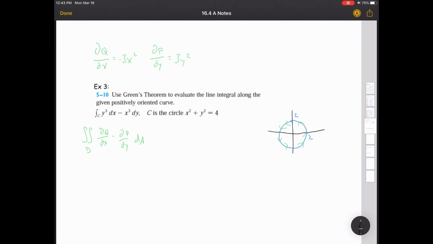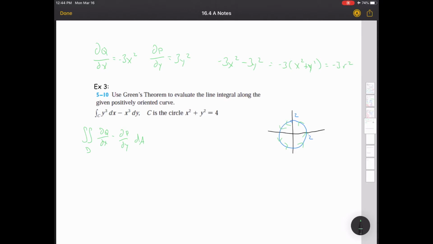That's going to be negative 3x squared minus dp dy, which is 3y squared. Well, considering this thing is a circle, and we can factor the negative 3 out of that, x squared plus y squared in terms of polar is just r squared. So I think doing this in polar is going to be way easier to do.